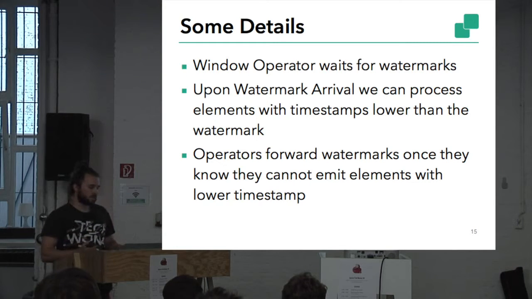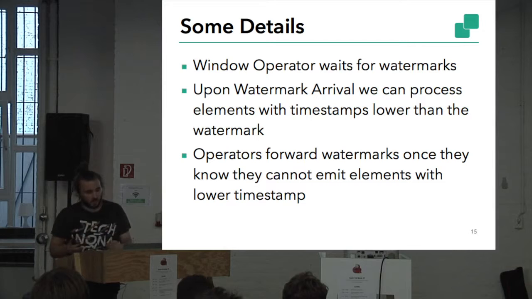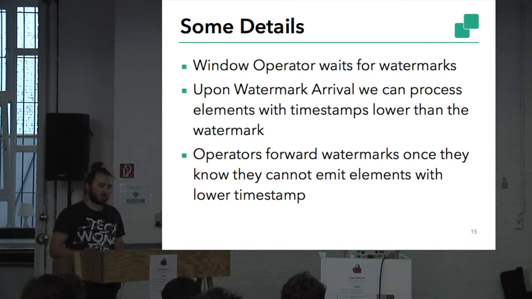And then they can process these windows, and once an operator knows that it itself cannot emit any elements with a certain timestamp, it itself emits a watermark, so that operations in the streaming topology downstream from the windowing operator can also do processing based on these watermarks. That's the basic idea. This we have now in the system, and now we're working on providing actual windowing operators that can also use these timestamps.